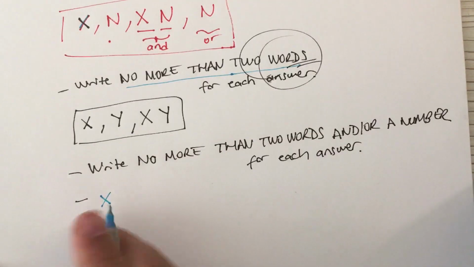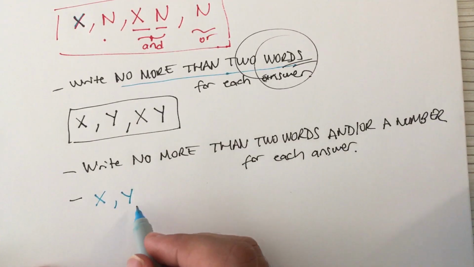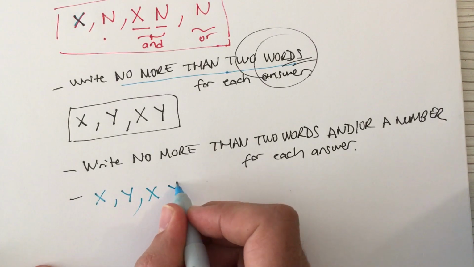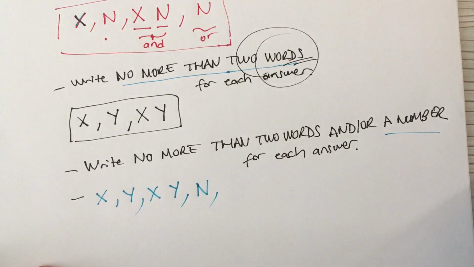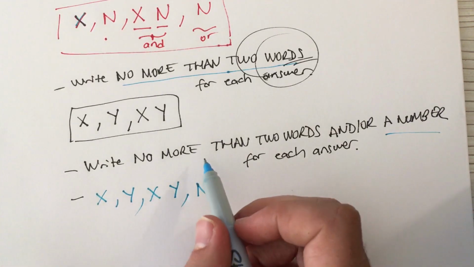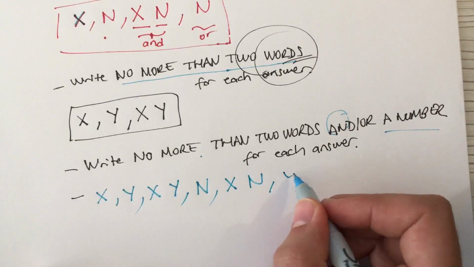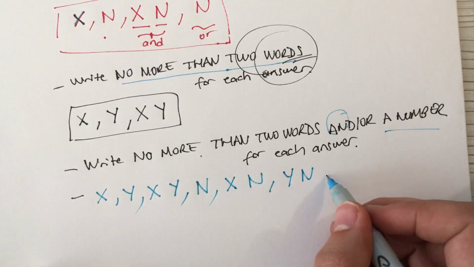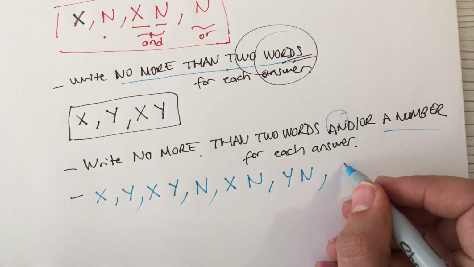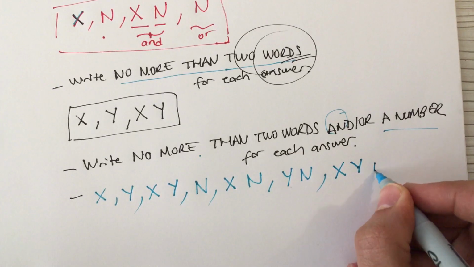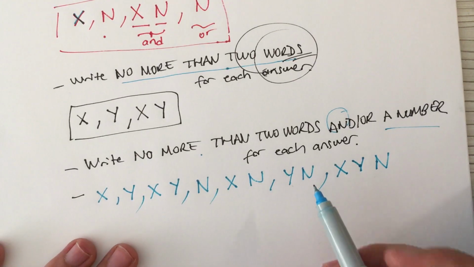Yeah, it's acceptable. It's not more than 2 words. Only Y, it's another word. X and Y together, it's acceptable. Only a number, yeah, it's acceptable. Only a word and a number together, X and number or Y and number, and two words and a number, X, Y, and number. That's it. That's all you need to know.